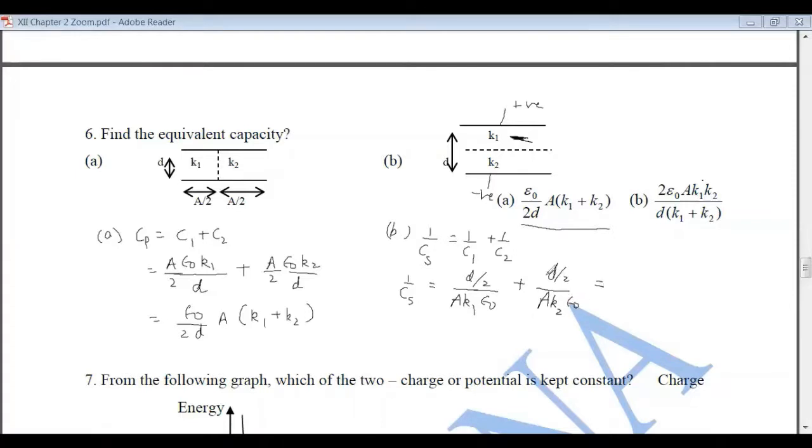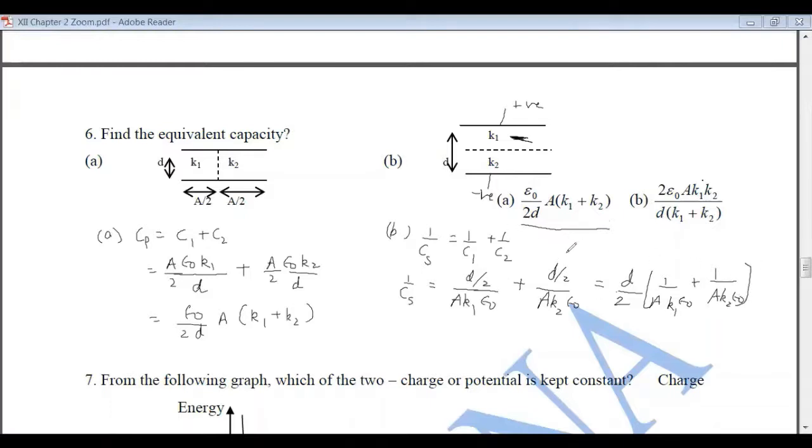So on simplifying it, what do we get? This D by 2 outside, and inside the bracket 1 upon A K1 epsilon naught plus 1 upon A K2 epsilon naught is 1 upon Cs.